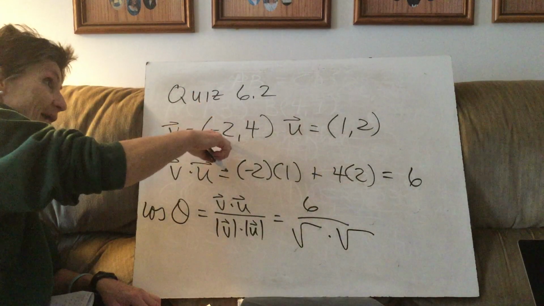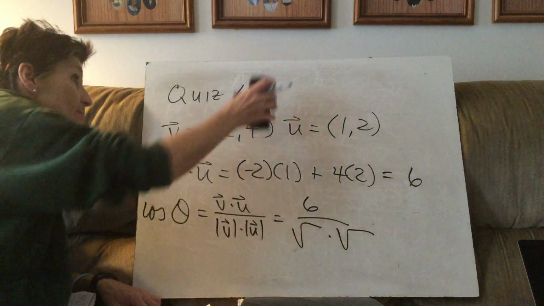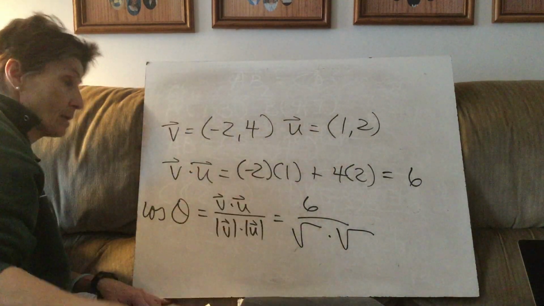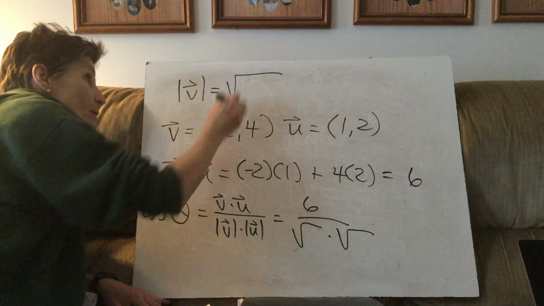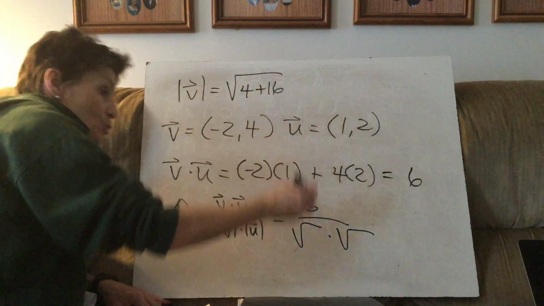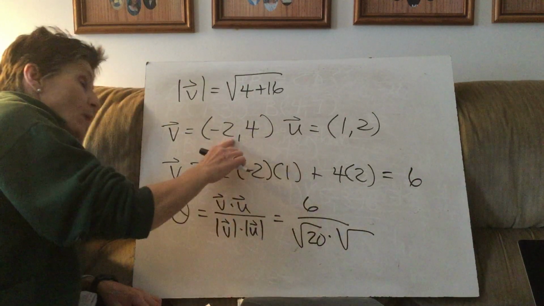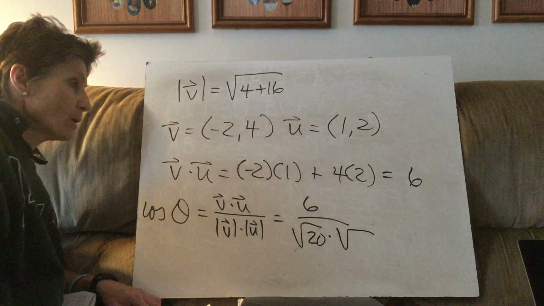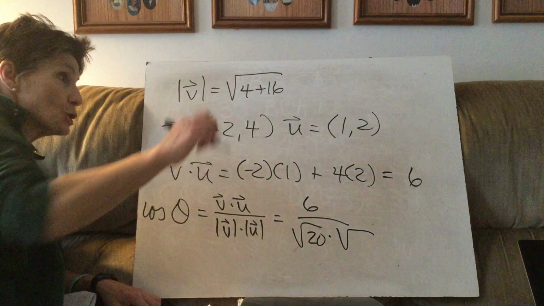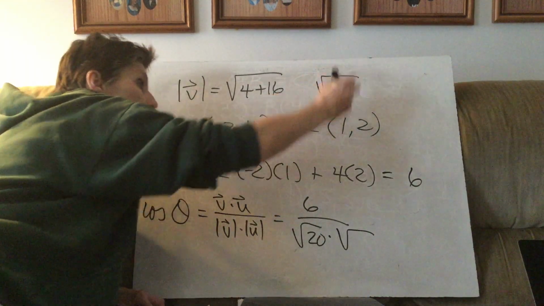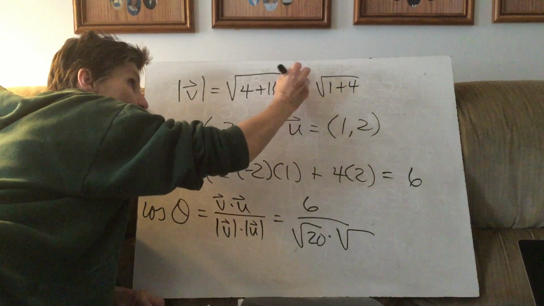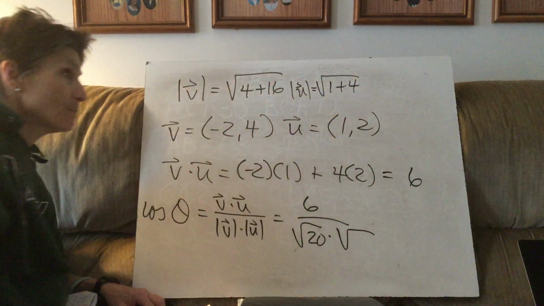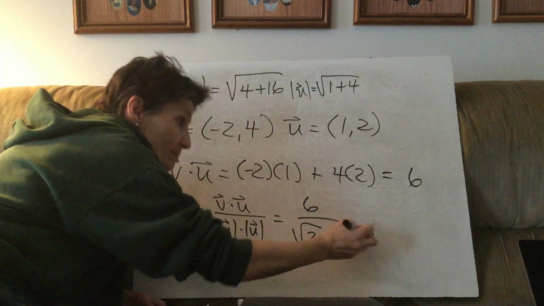So we need to find the magnitude of V. The magnitude of V is the square root of 4 plus 16, square root of 20. Remember, we square, add them up and take the square root. U, 1 plus 4, square, add them up, take the square root. This is the magnitude of U. So that's the square root of 5.